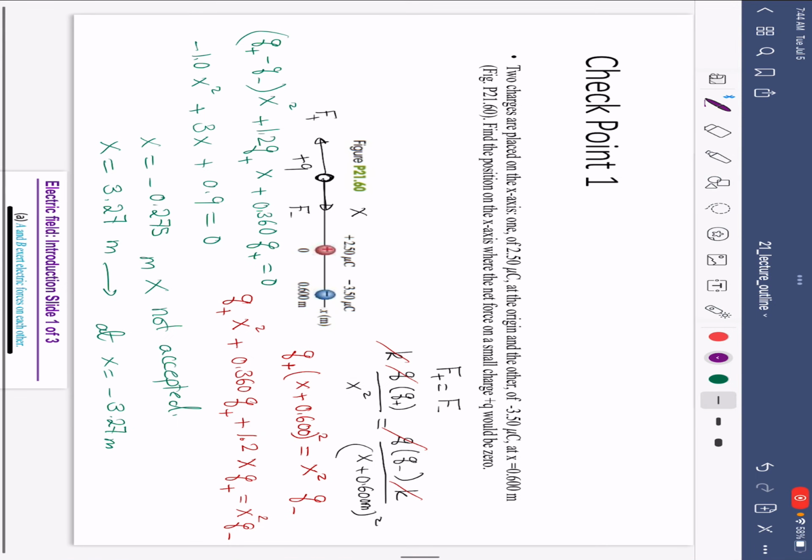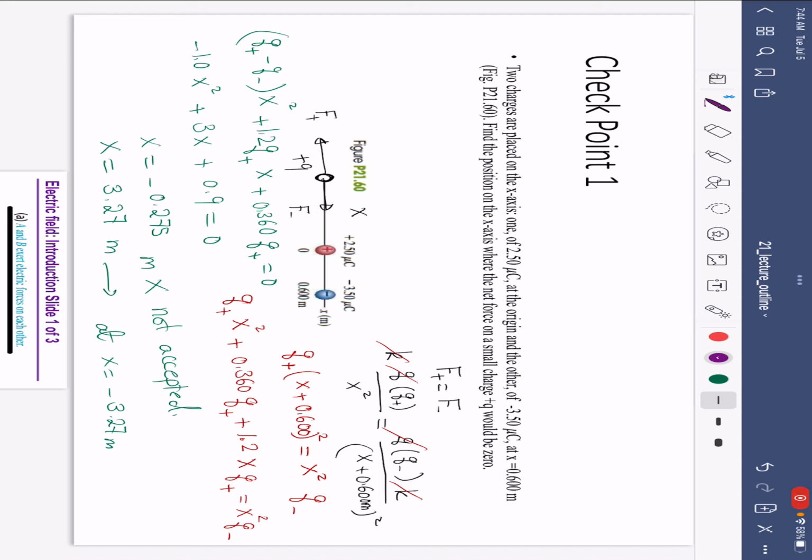Here I am talking about one of the problems from your textbook. It's not an example, it's one of the problems that I'm using as a checkpoint to see if you understood. Here I have two charges, the red and the blue, placed on the x-axis. This is a one-dimensional problem: 2.5 microcoulomb at the origin, and the other, negative 3.5 microcoulomb.